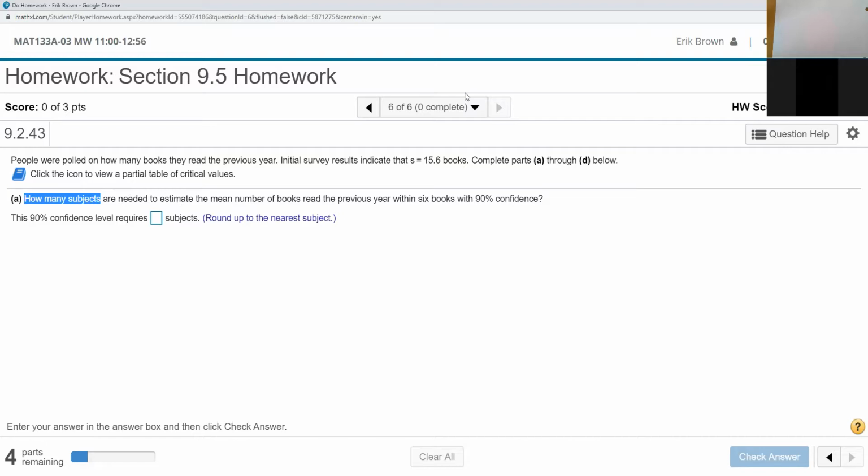So I'm going to unshare my screen and write down the pertinent information. We wanted a 95% confidence level.